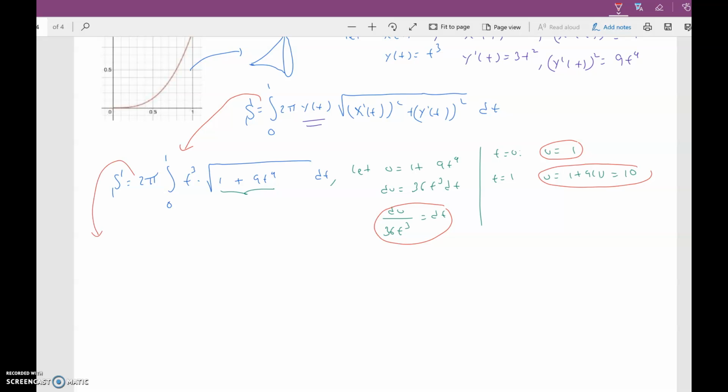So let me rewrite it. In this case, you're going to have 2 pi times the integral from 1 to 10 of t to the third times the square root of u, times du over 36t to the third.